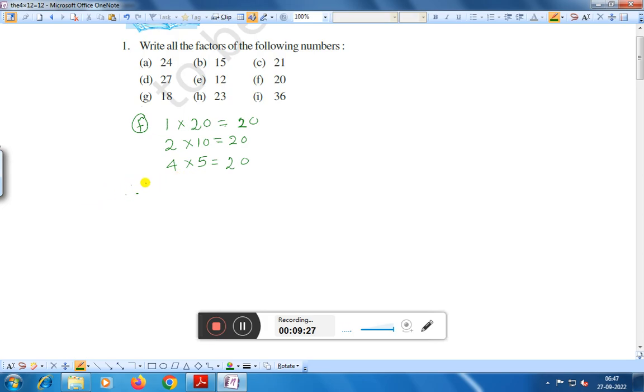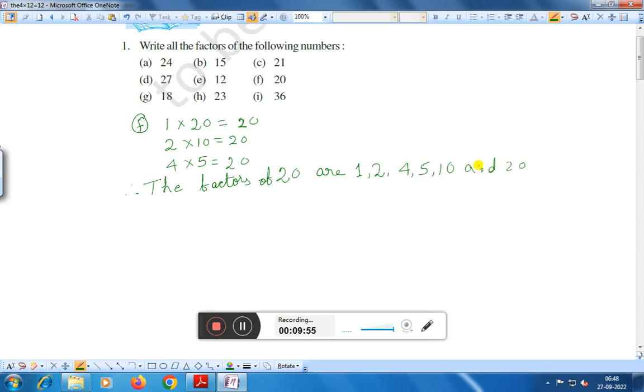Therefore, the factors of 20 are 1, 2, 4, 5, 10 and 20.